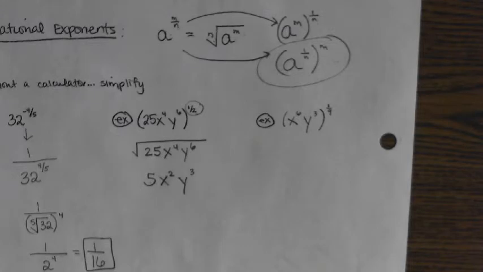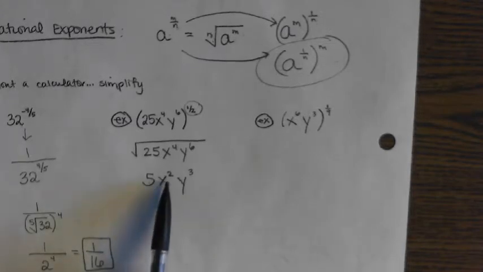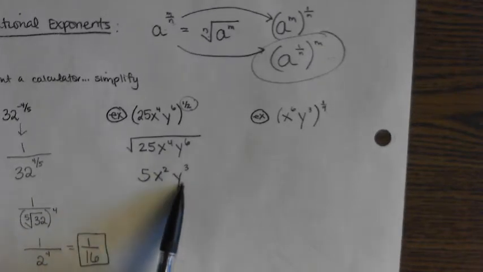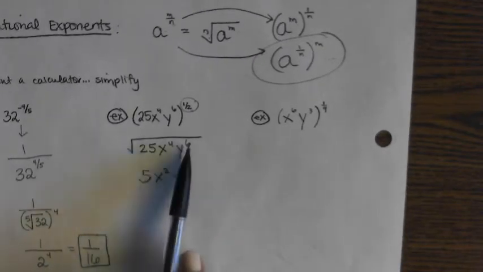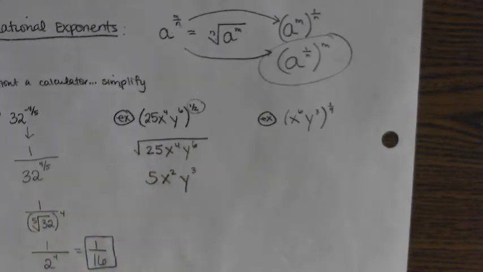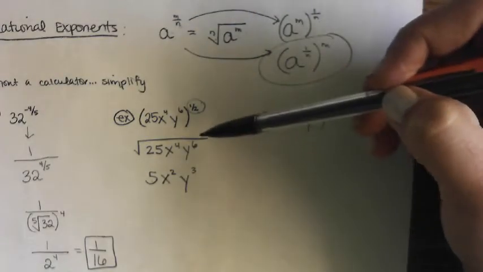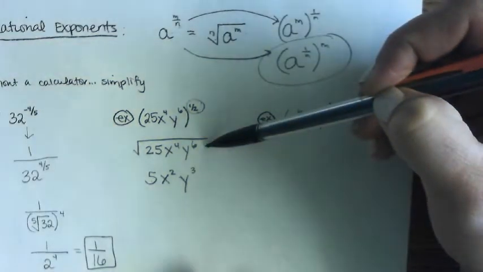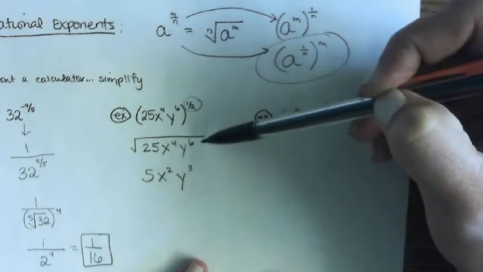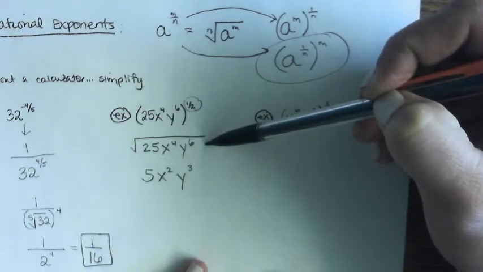Yes. I was going to say, what about, so this one doesn't need absolute values regardless because you're squaring it. But on this one, the square root of y to the sixth, does it need absolute values? This is kind of a tricky one here. We rewrote the problem like this.